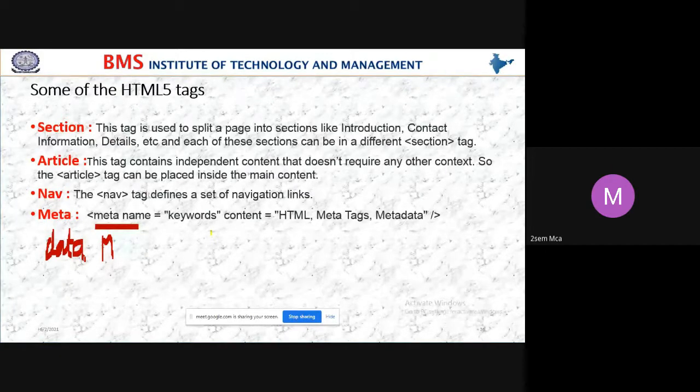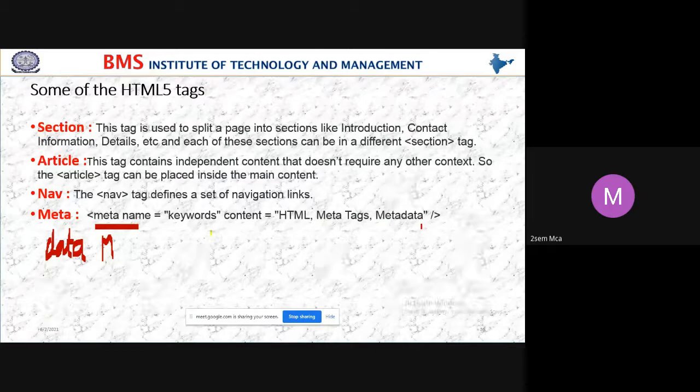Suppose I'm executing an HTML5 tags program, or a table tag program, then I can use meta name is equal to some keywords. Here I am defining the keyword, and the content is the information about the table.